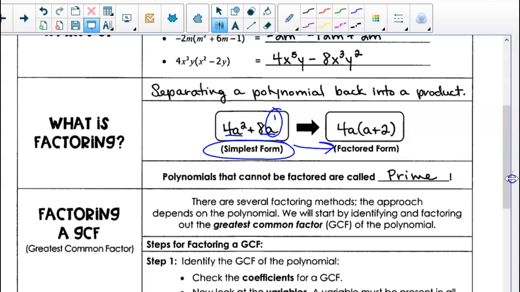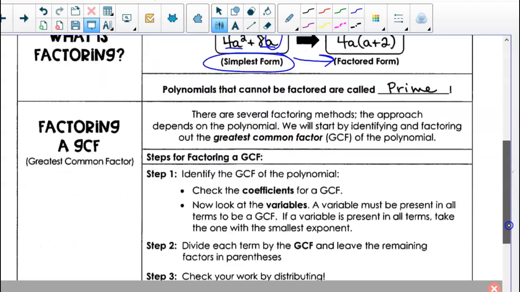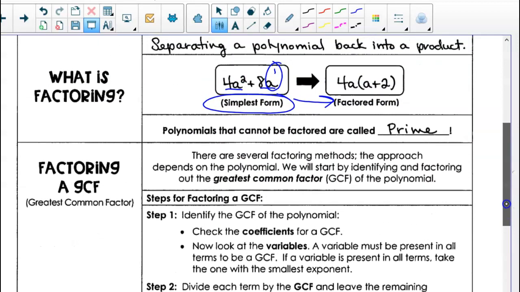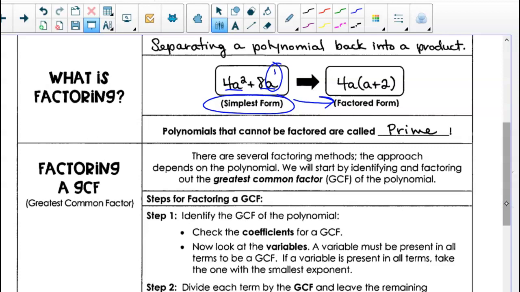So I take that GCF and I put it on the outside of the parentheses, and then I divide each term by the GCF and leave the remaining factors in the parentheses. So if I go back to this original and I divide both of these terms by 4a, the numbers, or the coefficients, we divide like normal. So 4 divided by 4 is 1.